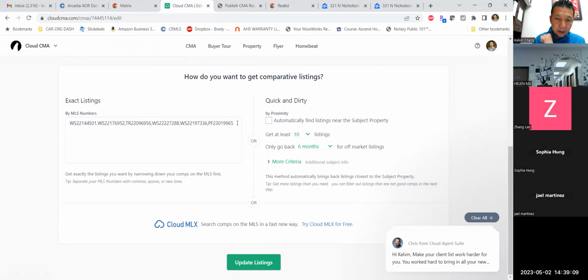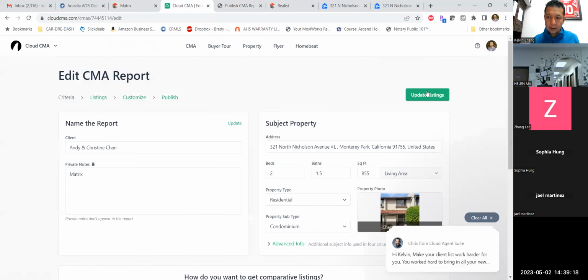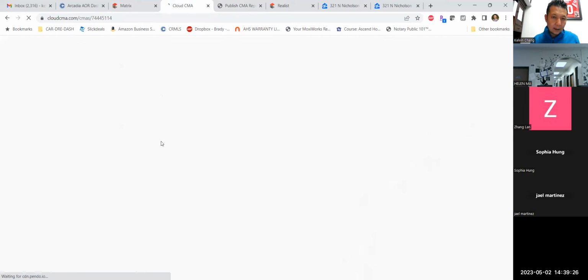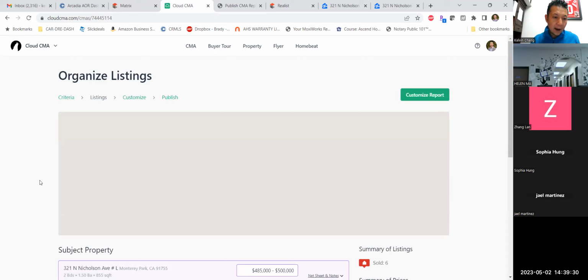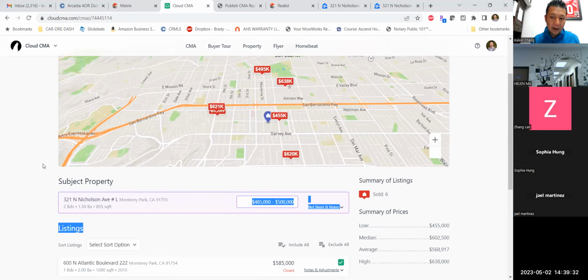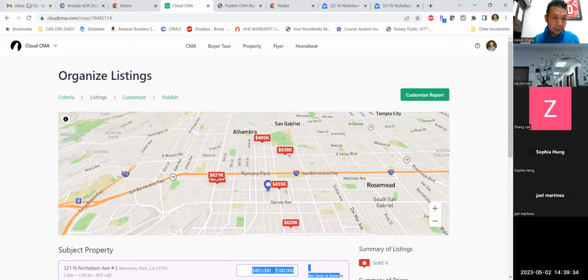These were the comps that I used, which I'm going to copy right now. And when I priced the property, I believe I put a value of 500 to 518,000.